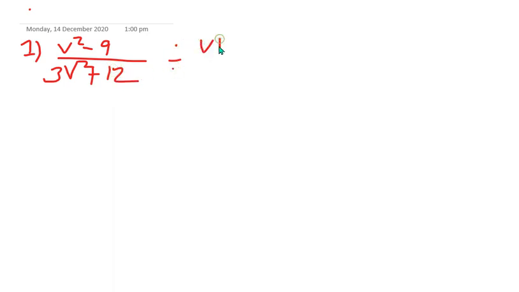If we have the first example on the division of rational expressions: v squared minus 9 over 3v squared plus 12, divided by v plus 3 over v squared plus 4.